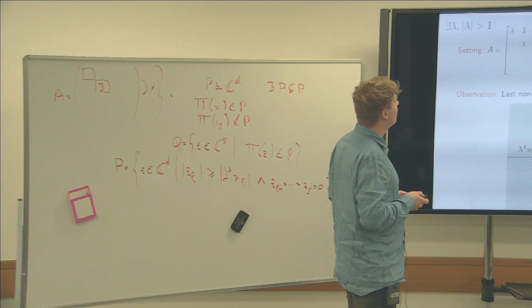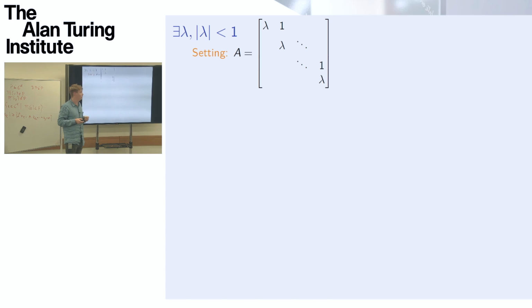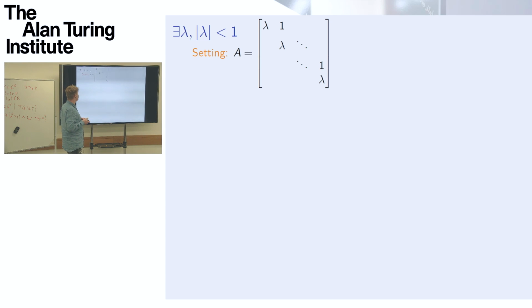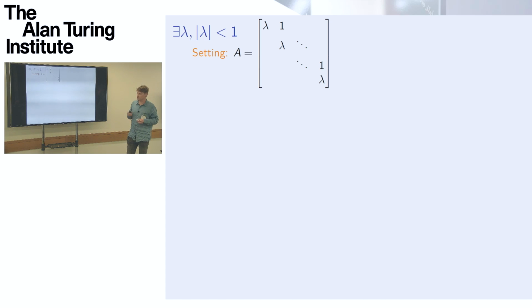Okay. Now, the second case is if I have an eigenvalue of modulus smaller than 1. Here we could think that it's exactly the same. It's going to go to 0, and I have an invariant that's quite the same.